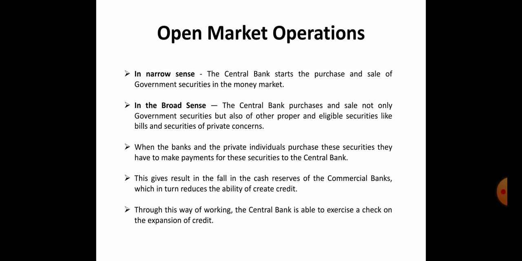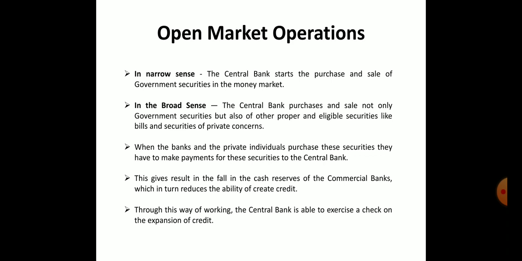When the banks and private individuals purchase these securities, they have to make payments for them to the central bank. When RBI wants to reduce the level of credit, they will sell securities in the market, and people or banks buy those securities, by which RBI collects money from the market.